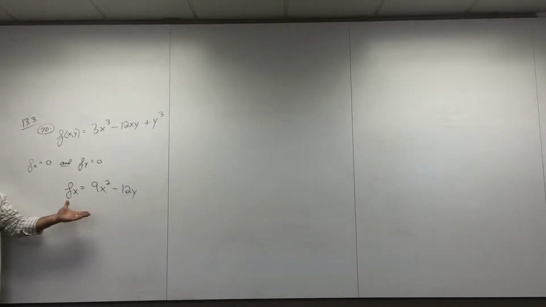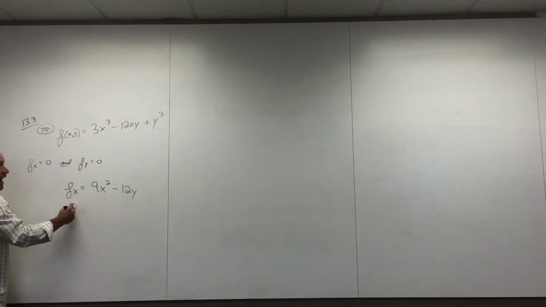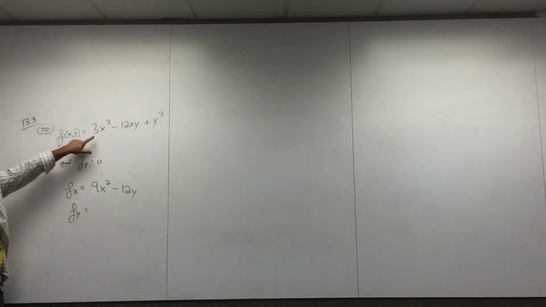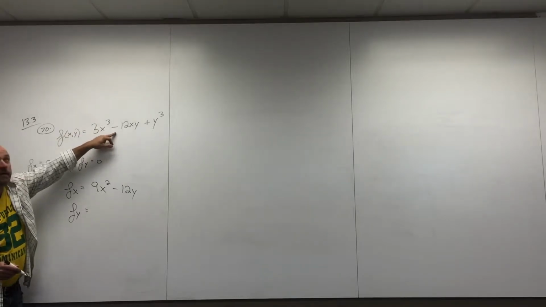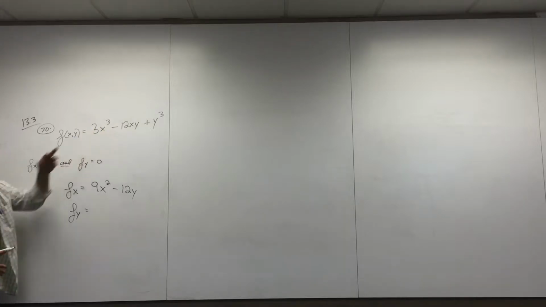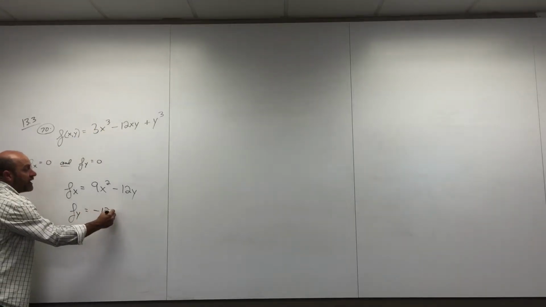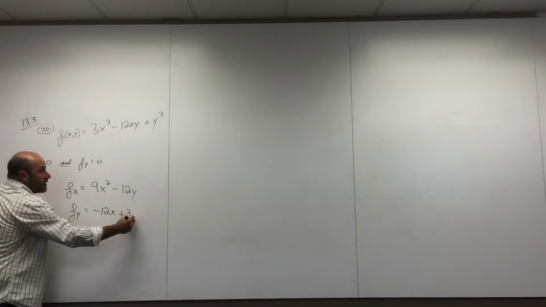You guys okay with that? All right, I also want fy, the partial derivative with respect to y. Then this x is treated like a constant, so that's gone. With respect to y, negative 12x, and then 3y squared.